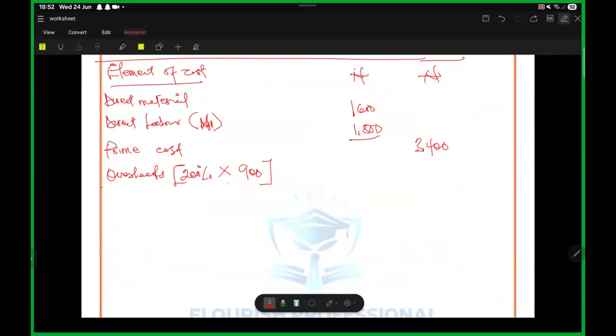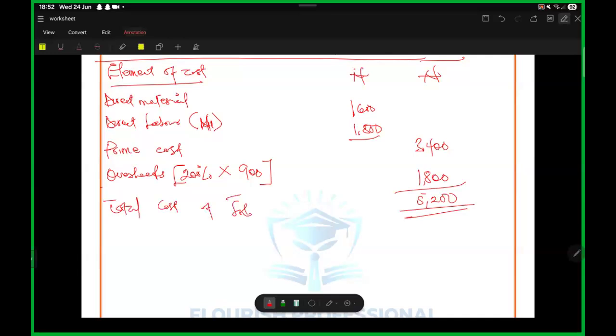Guys, when you estimate this, what do you get? I think it should be 1,800, right? Because 200% is 2 actually, times 900 will give me 1,800. When you add the total of this, what do you get? I think it should be 5,200. And this is the total cost of the job.